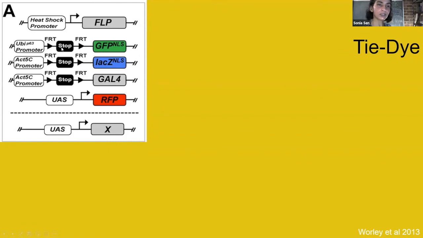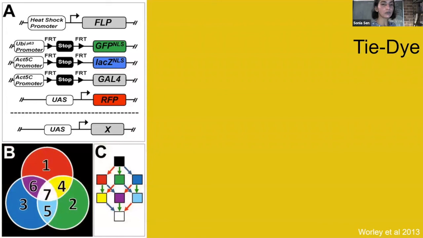Now, excision events can occur, and if it occurs over here, then the GAL4 will drive RFP, but also a gene of interest. And you guys are familiar with this, you will end up with three independent events, RFP, GFP, and LacZ, but the intersections of those will give you many different colors.